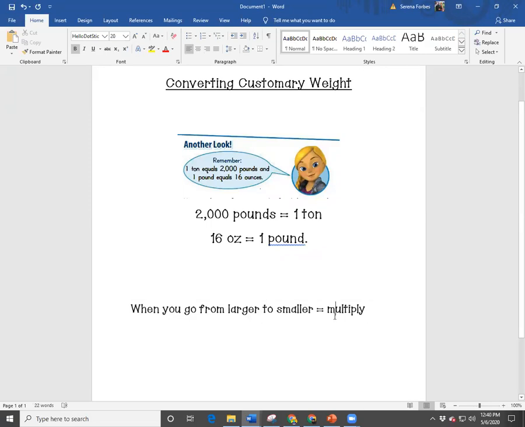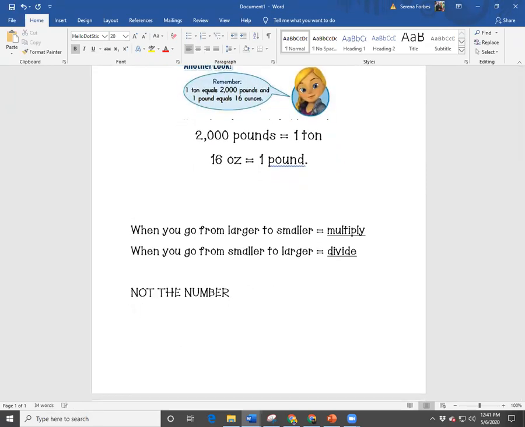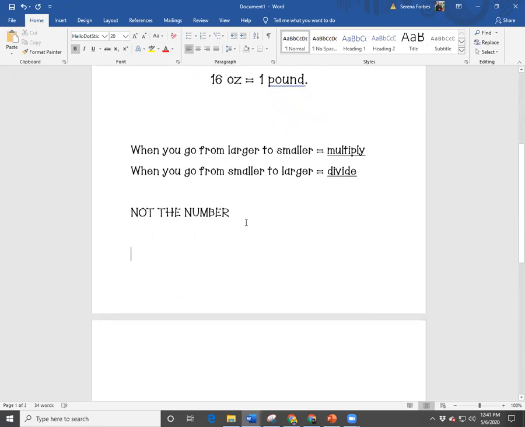And when you go from smaller to larger, divide. And again, it is not the number. I think that's one thing that we've gotten caught up on. I talked to 2 students about that, which is understandable, but it is just the unit. So I'm going to keep scrolling down now as we talk about this lesson. All right, it has to do with the unit.